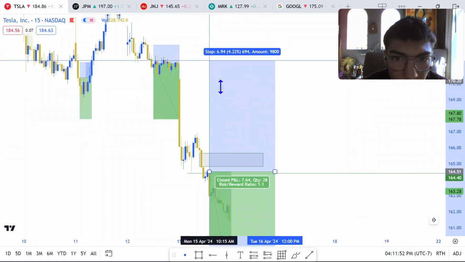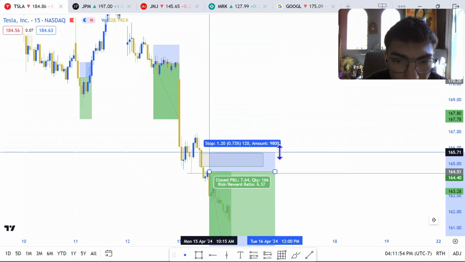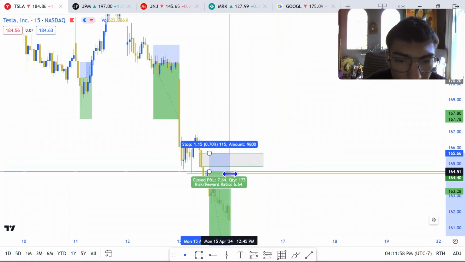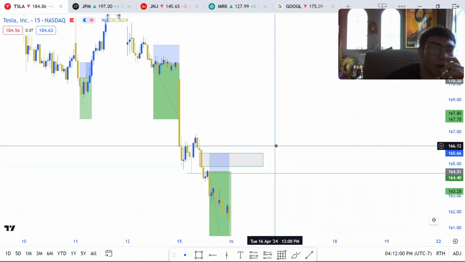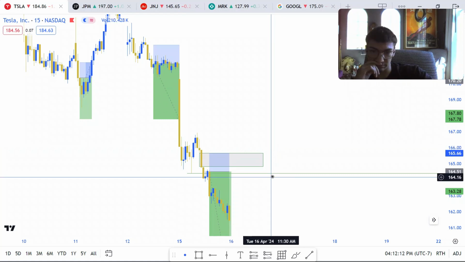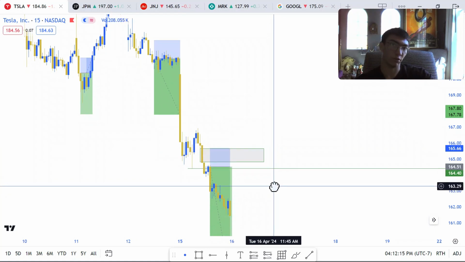Now the daily and the 4-hour are bearish, so we're looking for any reason to get in on the 1-hour break of structure to the downside because we're only looking for shorts. We would have gotten 50% at the order block and then 50% at the fair value gap.